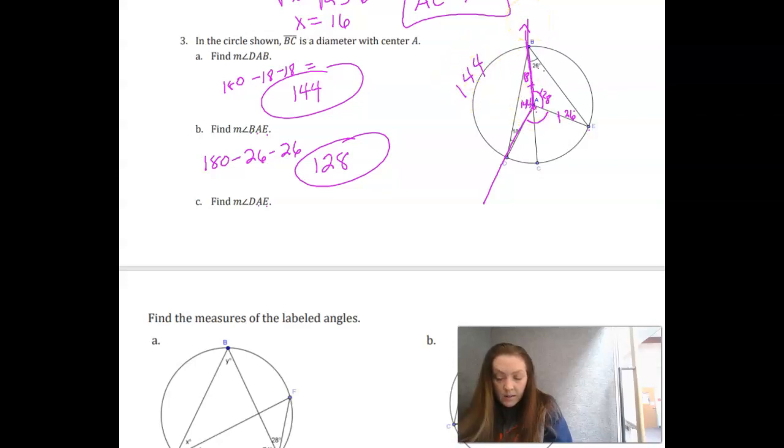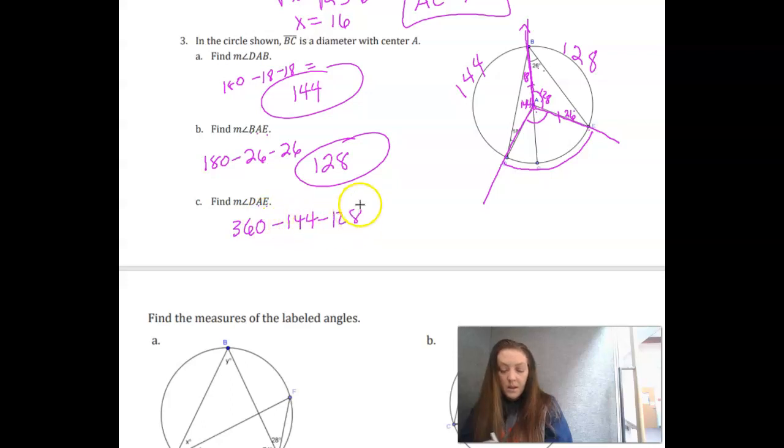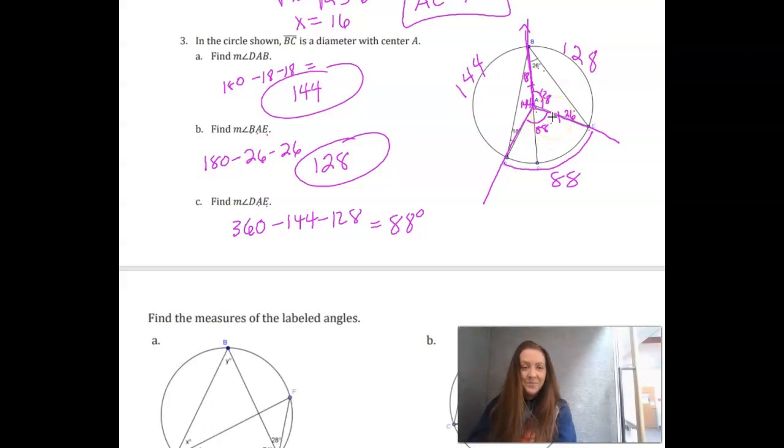And this angle that we just found was across from 128. And we know a circle altogether, all that's left is this much, and they all have to add up to 360. So 360 minus 144 minus 128 is 88 degrees, which means the angle is 88 degrees because they're central angles.